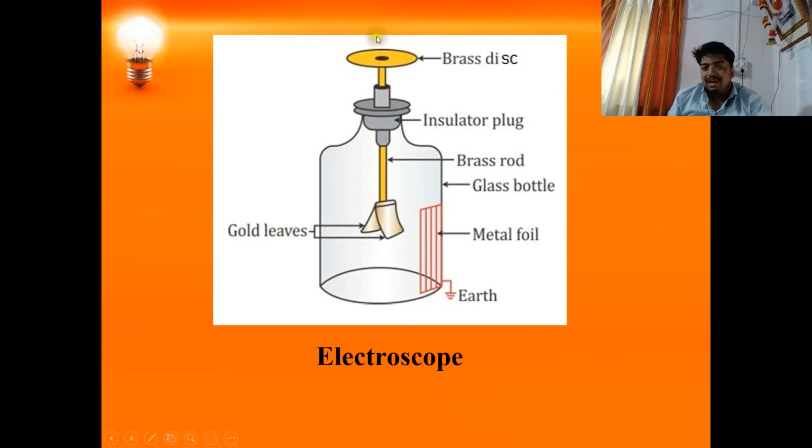Now both these leaves have net negative charge, and they are very light, and also there's no resistance inside this bottle as it has vacuum inside.